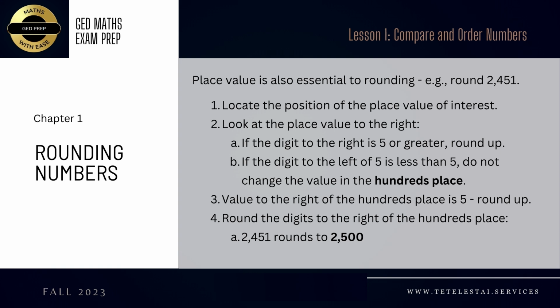So now look to the right of 4, and if the digit is 5 or greater, you know that you can round up. And if the digit to the right of 4 is less than 5, don't change the number in the hundreds place.